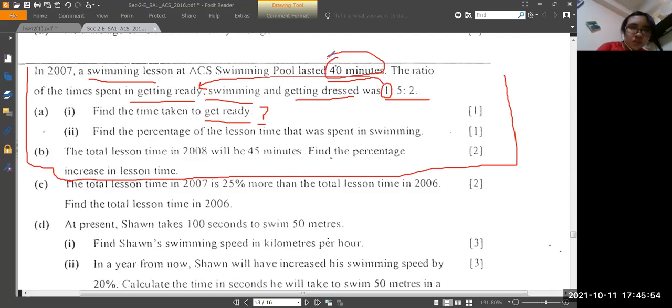A and B. Do it on your Chromebook. Then after that, just WhatsApp the part A and part B over.